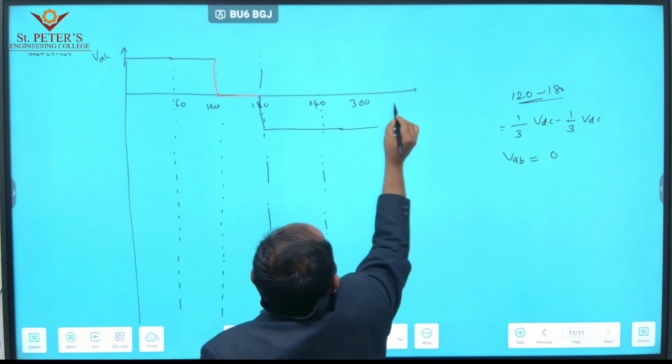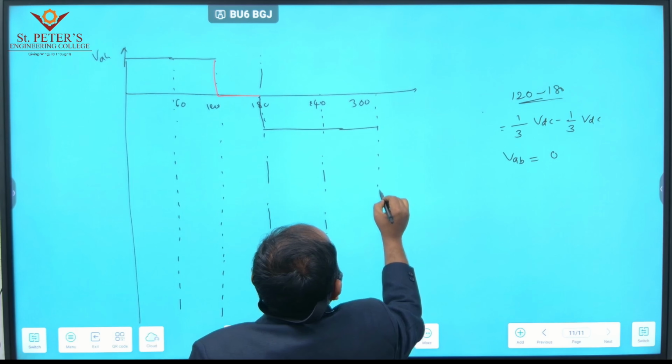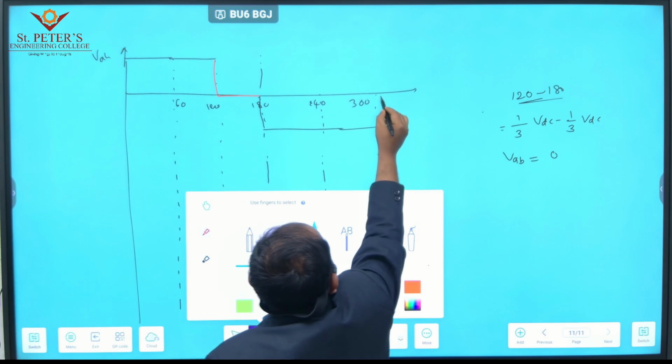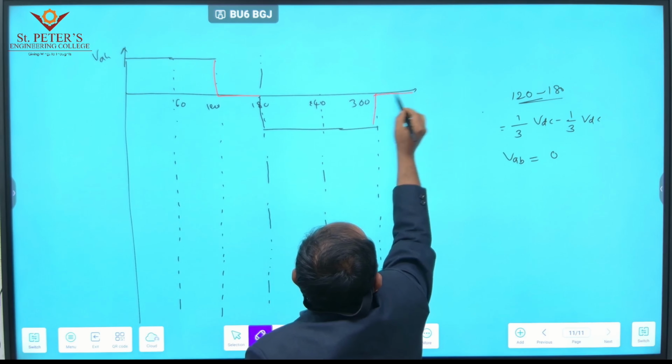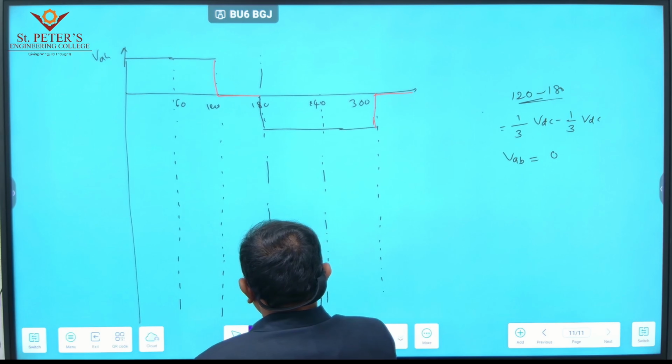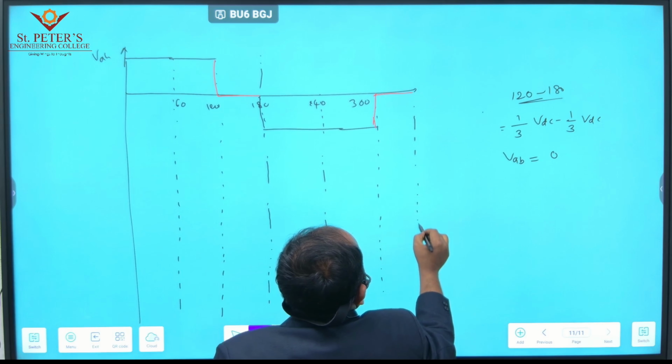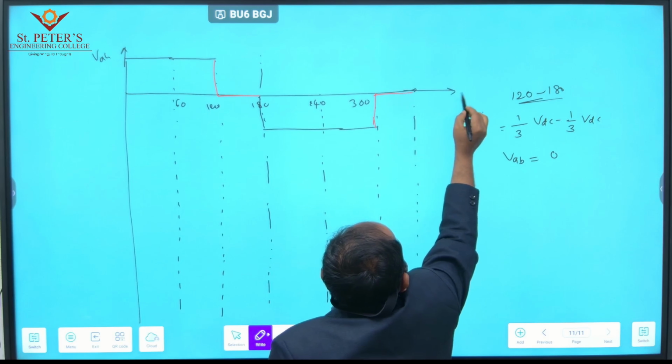Up to 300 we are getting voltage. For the next 60 degrees there is 0 voltage.